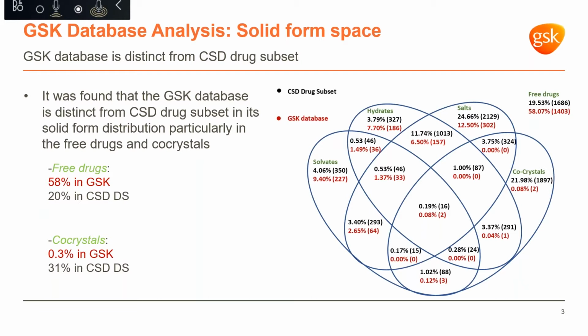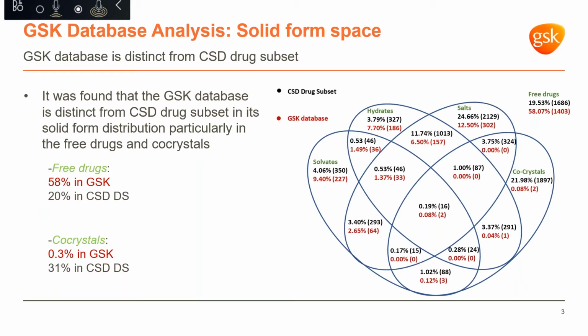Another reason that explains the bias in data, particularly in the parent or the free drug form and the co-crystals, is that in GSK, crystallographers usually collect structures to answer specific questions, which are mostly related to parent structures. And that's why we have a lot of parent structures in the database.